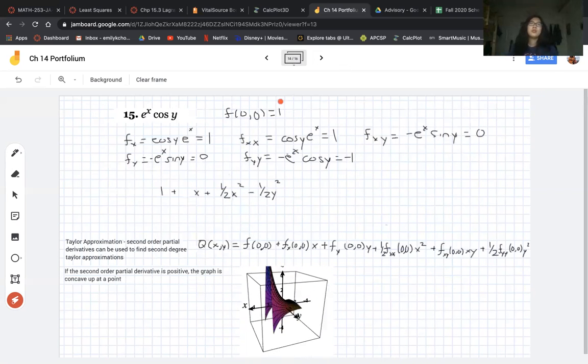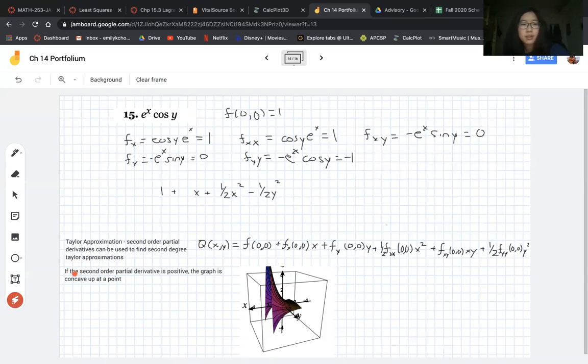Okay, so we can use second order derivatives to approximate functions with Taylor approximations. And we do this because this is the equation we use. So we can just plug in what we have for the second order derivatives into the equation.